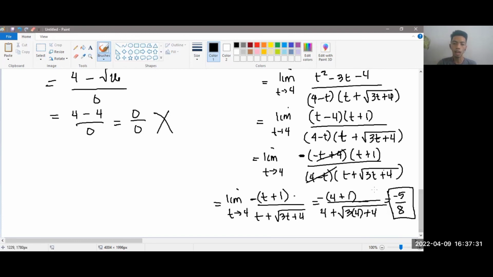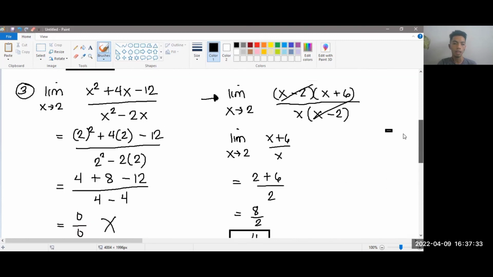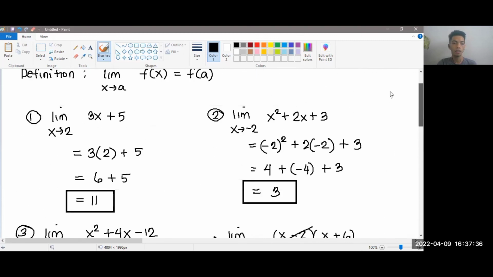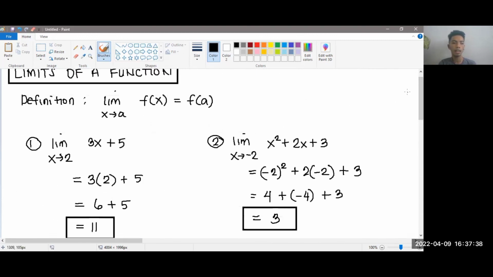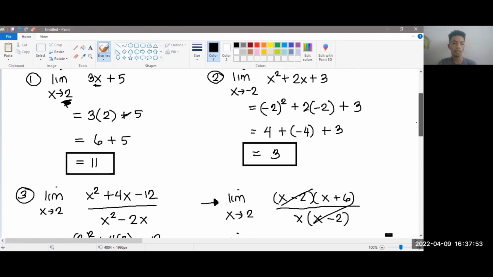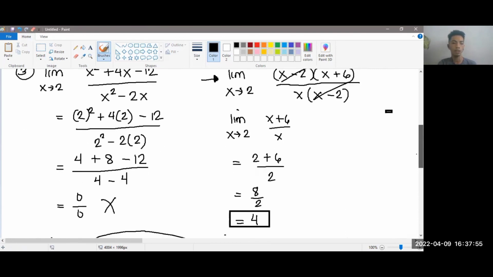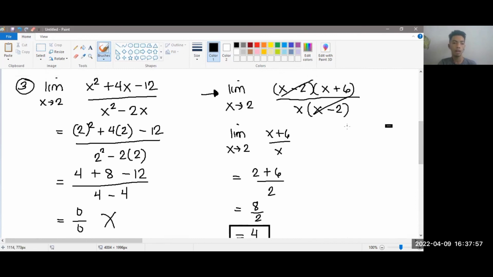So meron tayong mga cases kapag indeterminate. Number 1, ang pinaka-basic na ginagawa lang natin kapag nagko-compute tayo ng limit is that sinasubstitute lang natin yung value doon sa mismong variable. Pero in some cases, na kapag ang sagot natin will be indeterminate, kailangan natin gumawa ng paraan.